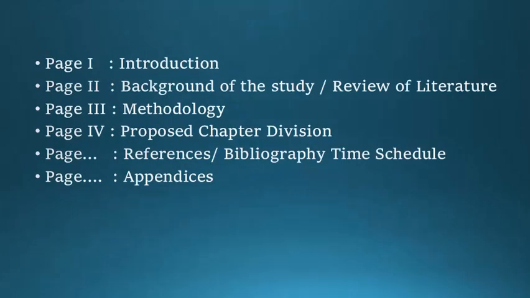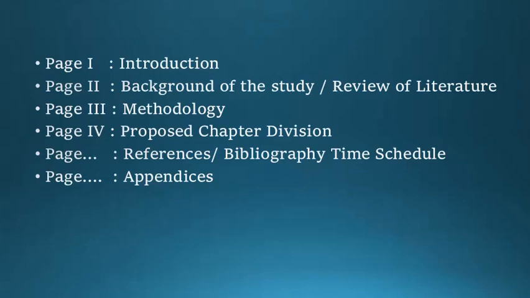Now, coming to the main part of the research proposal, you should have an introduction. Then a background of the study or review of literature must be there. The methodology used for the project should be there.